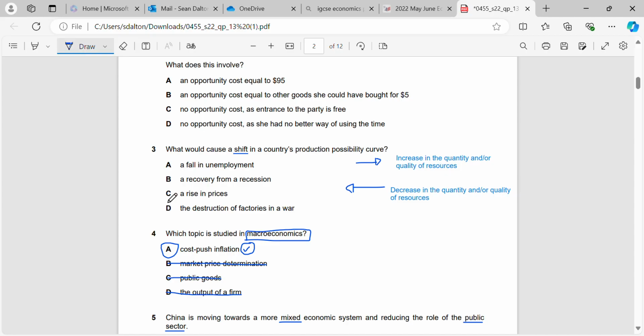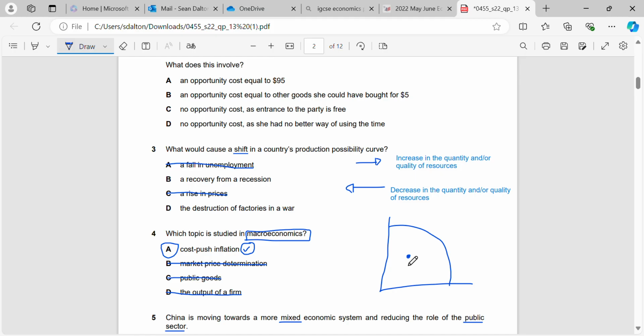So, prices is not taken into account in a PPC. All it does is show the maximum output of two goods in an economy, nothing to do with prices. If we have a fall in unemployment, that's not a decrease or increase in the quantity or quality of resources. It is just us using the resources that we already have more efficiently.